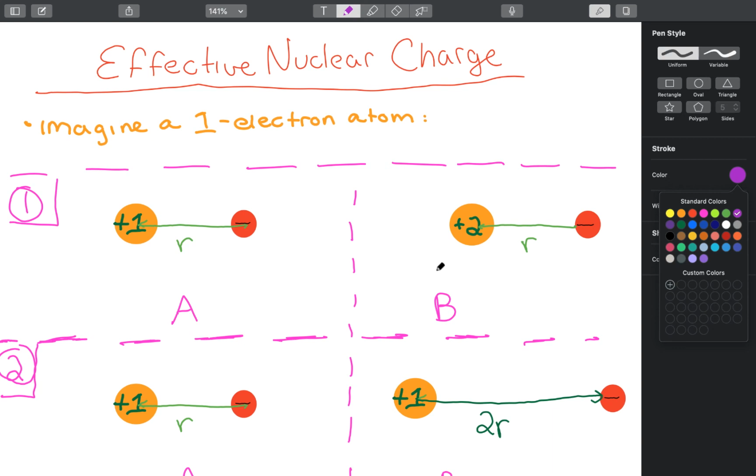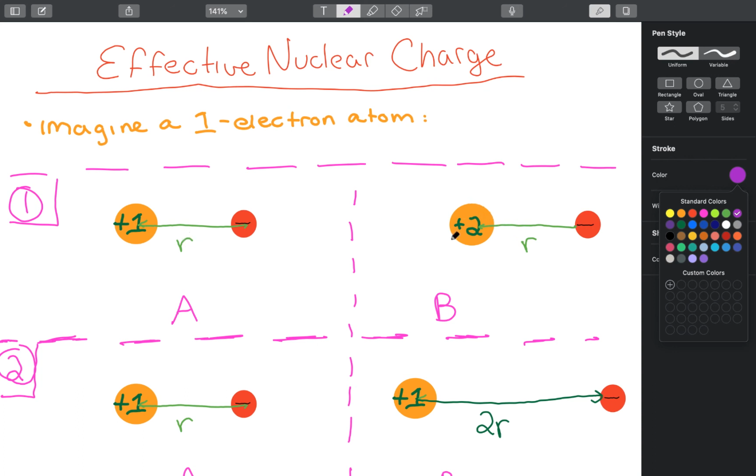So today we're going to be discussing effective nuclear charge, and the first thing that I want you to imagine is a one electron atom. So in this first scenario, scenario 1, we have two different conditions, condition A and condition B. In condition A we have a +1 charged nucleus, a -1 charged electron, and a distance separating the two species equal to r.